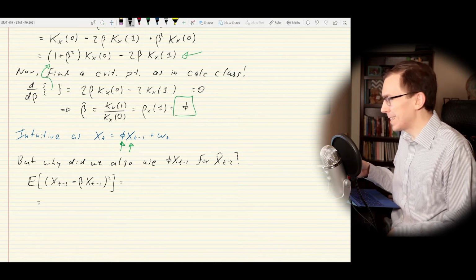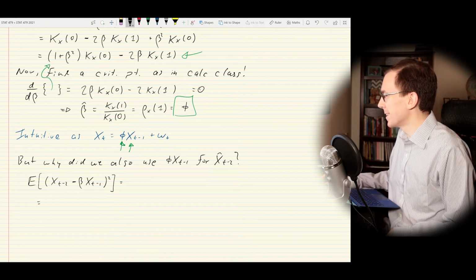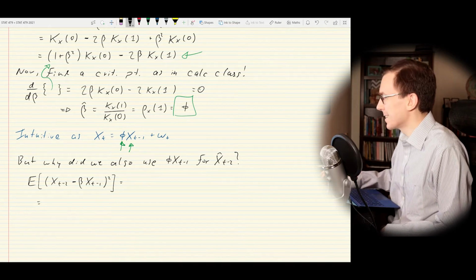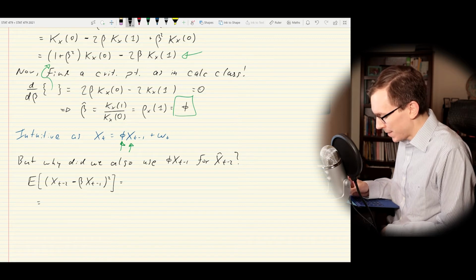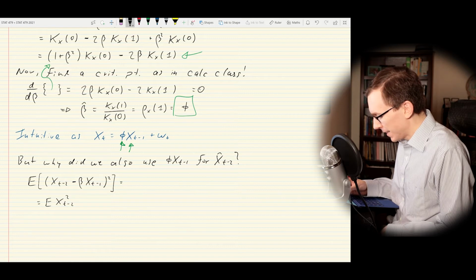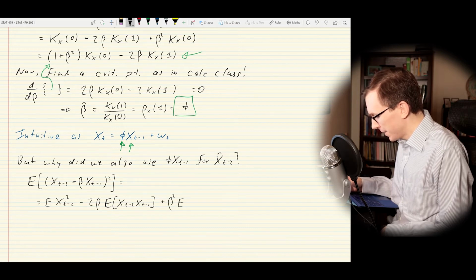It minimizes this least squares equation. Though I feel like saying minimizes least squares is kind of redundant, right? I'm finding the least squares estimator, which is the one that minimizes this thing. Anyway, we're going to do exactly what we did before. Expand the quadratic, step 1. And we get something that looks like this, x_{t-1}, and then the last term, beta squared, expected value of x_{t-1} squared.